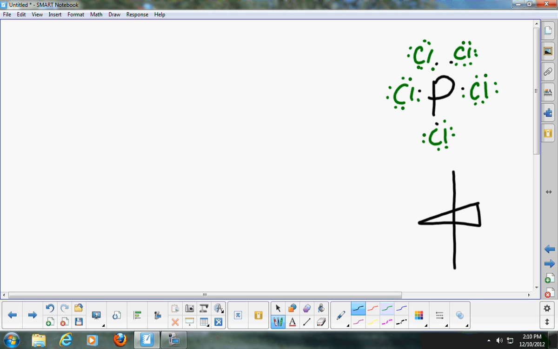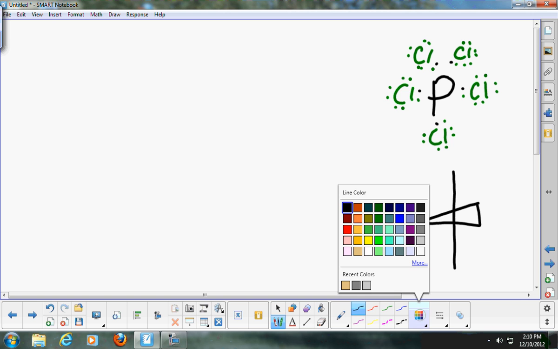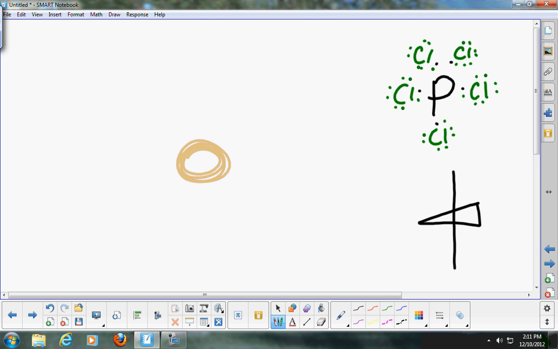Wait, so you can draw a circle? We're gonna draw them here in just a minute, but that's the angle and shape you're looking for. So as we draw it, we're gonna have the center, and then we don't want black. We want some other color. Let's use tan. Okay, so we've got our tan, and we're gonna have 5 things coming off.